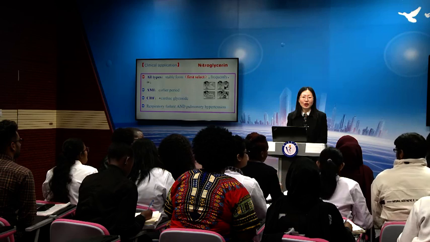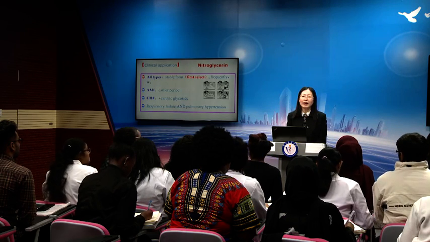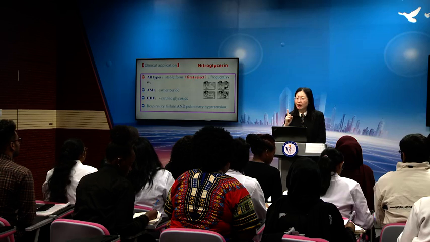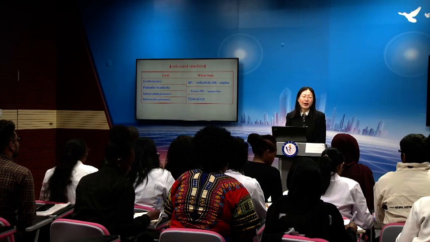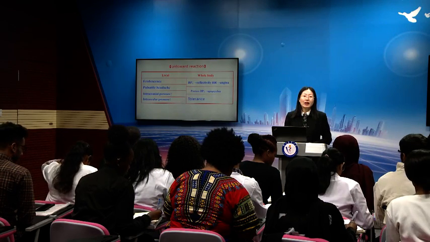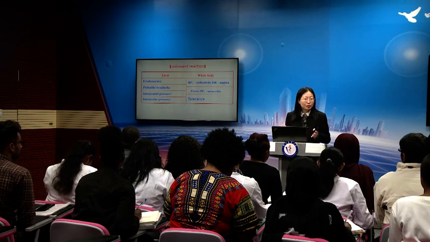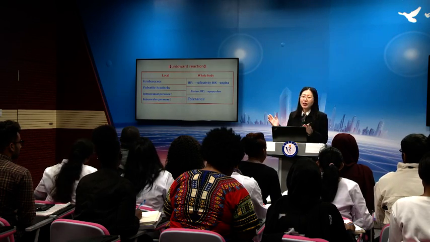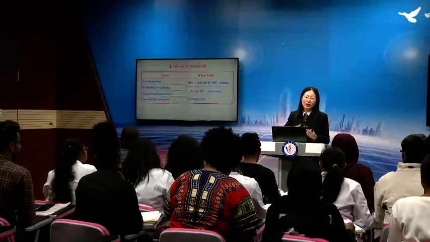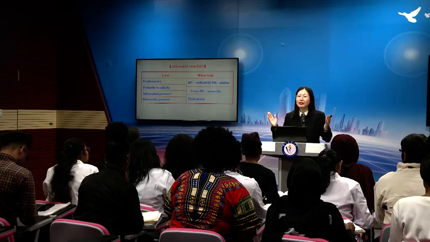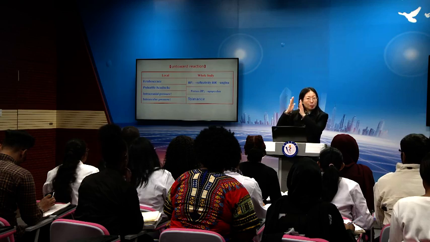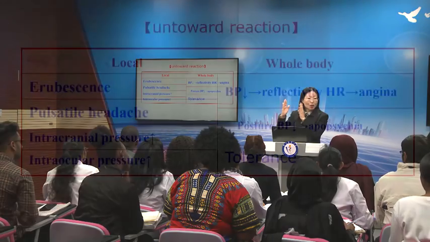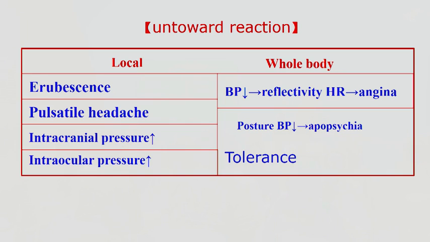At first, we know it is used to treat stable angina as the first choice. So now we should know the adverse reactions. The adverse reactions of nitroglycerin are the consequence of vasodilation. For example, vasodilation and blood pressure decrease may induce postural hypotension. And cerebral vasodilation increases blood supply and the patient's intracranial pressure increases.